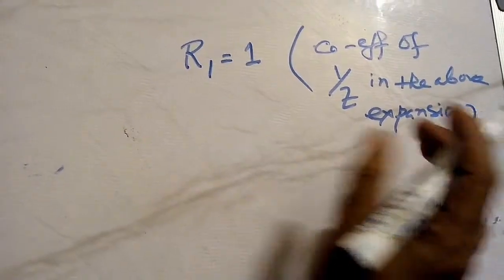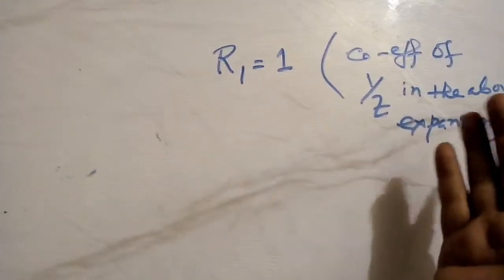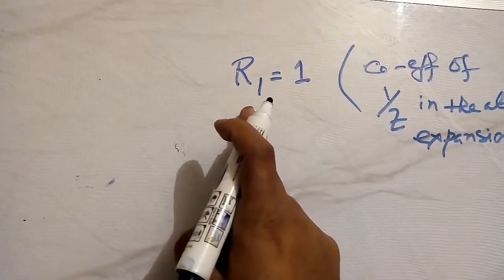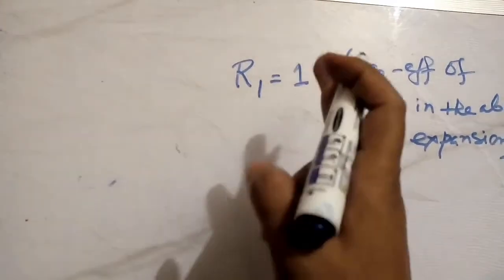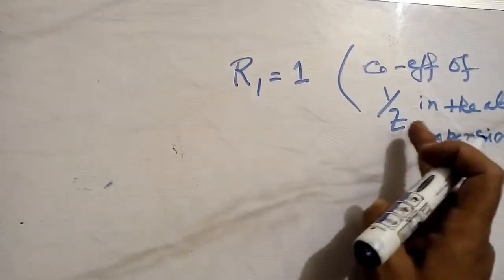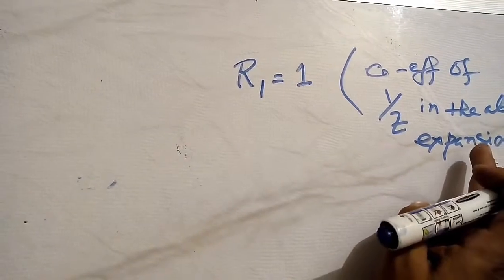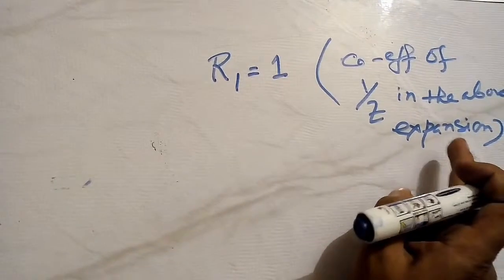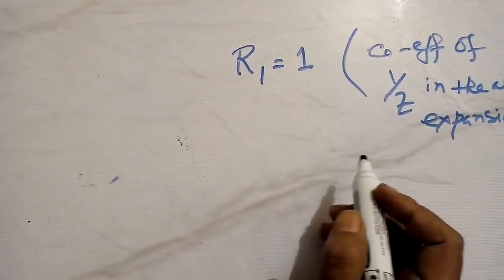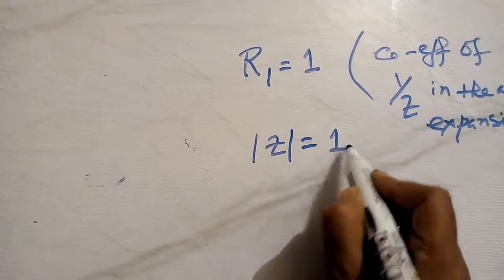When the series is an infinite series, from the above series the residue r1 for the pole z equal to 0 is 1. Why 1? Because the coefficient of 1 by z is the residue in this case. Clear? And here the circle is the unit circle, so mod z equal to 1.